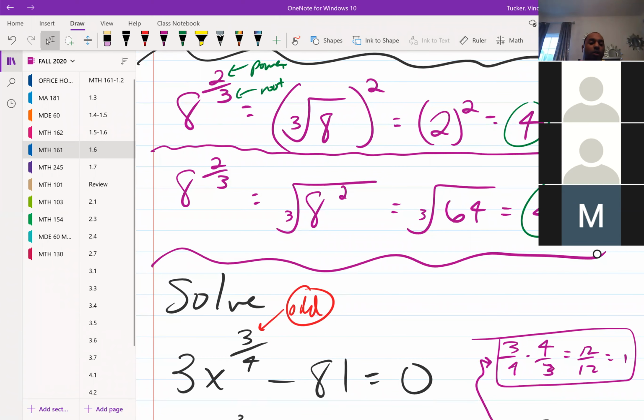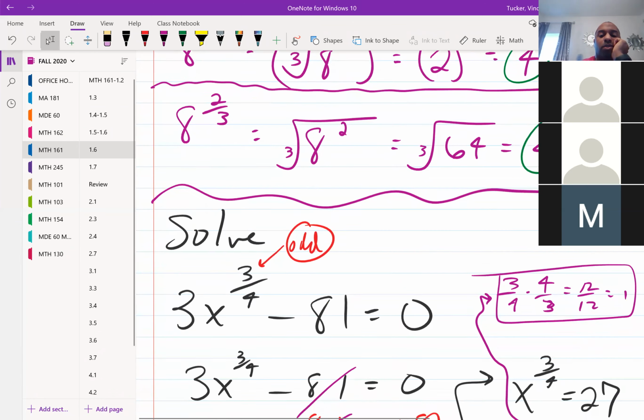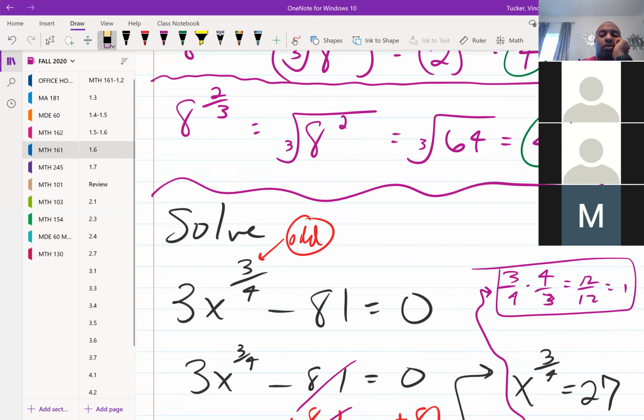All right. So the first one we have is 3x to the 3/4 power minus 81 is equal to 0. So the first thing we want to do is isolate x to the 3/4.